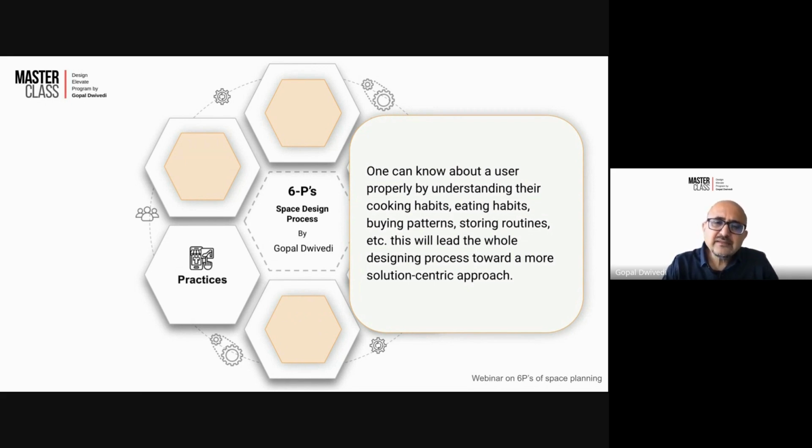And then you need to design the kitchen accordingly. Now, if you wonder what the connection is, it's a big connection. For example, if you know that the family is going to do a lot of oily, heavy cooking the whole day, you should suggest a very powerful exhaust fan chimney.